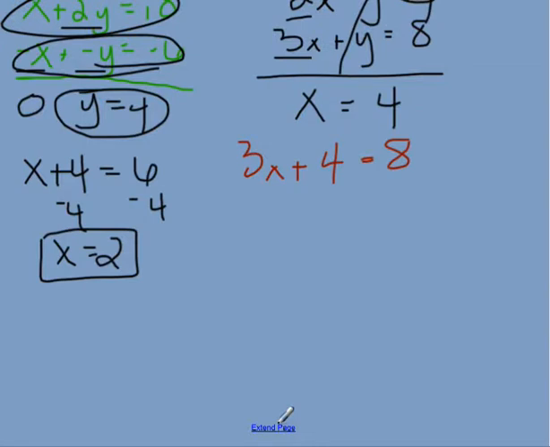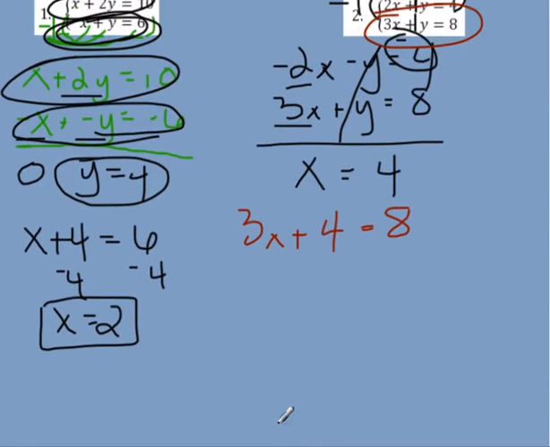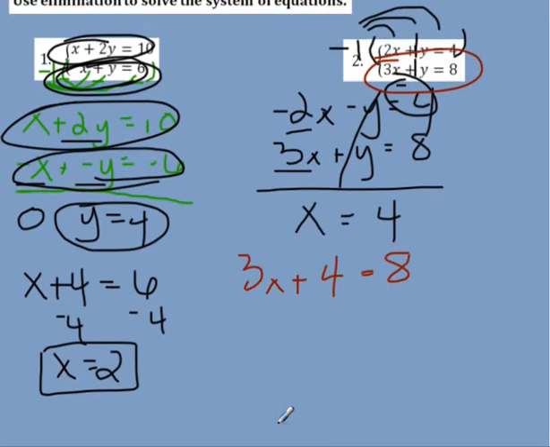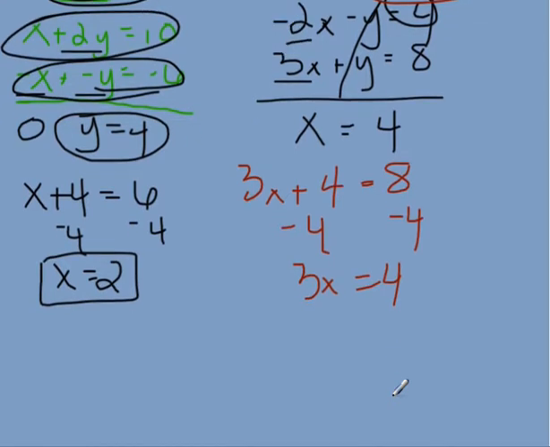So now what I'm going to do is go ahead and solve this equation. I'm going to subtract 4 from both sides, and then I get that 3x is equal to 4. Then I'm going to divide both sides by 3, and that gives me that x is equal to 4/3.